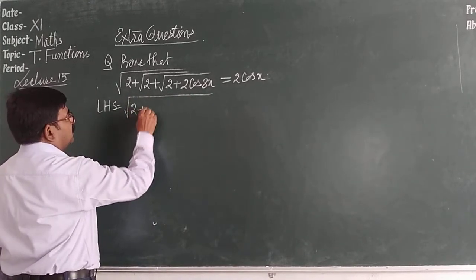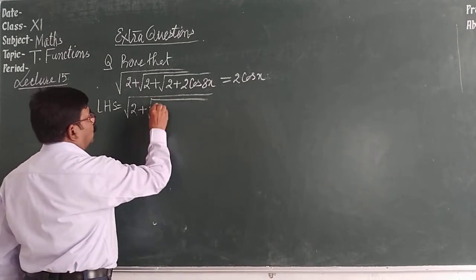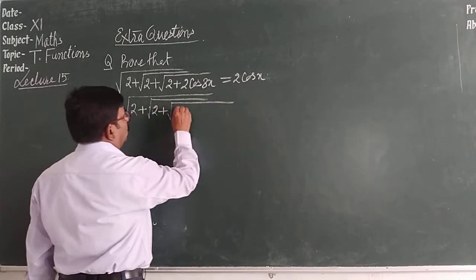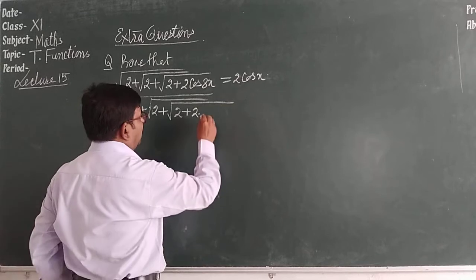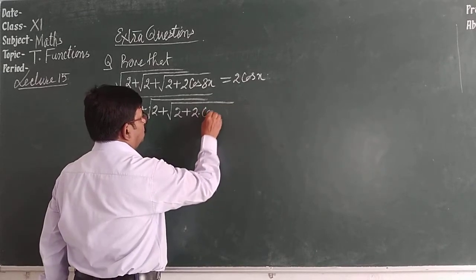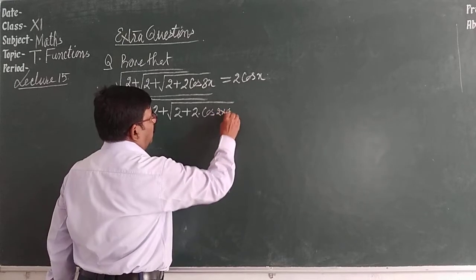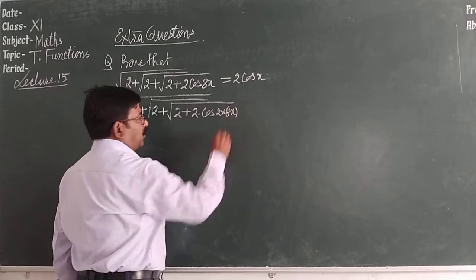2 plus under root 2 plus under root 2 plus 2. This can be written as cos 2 into 4x. 2 into 4x.